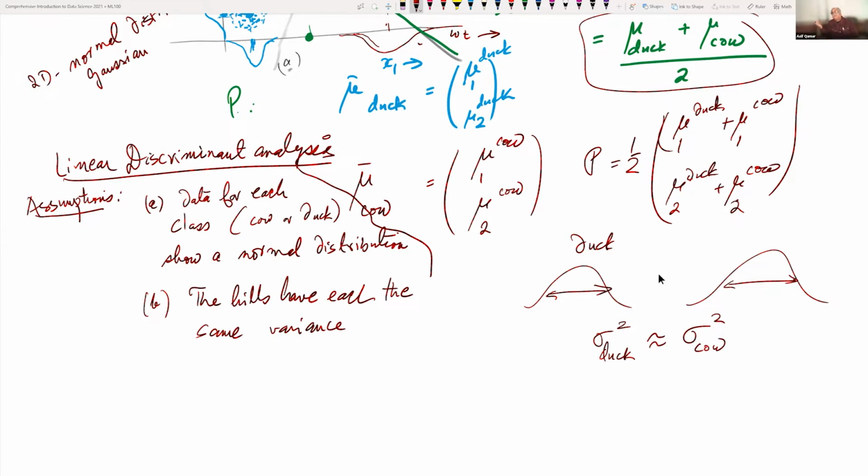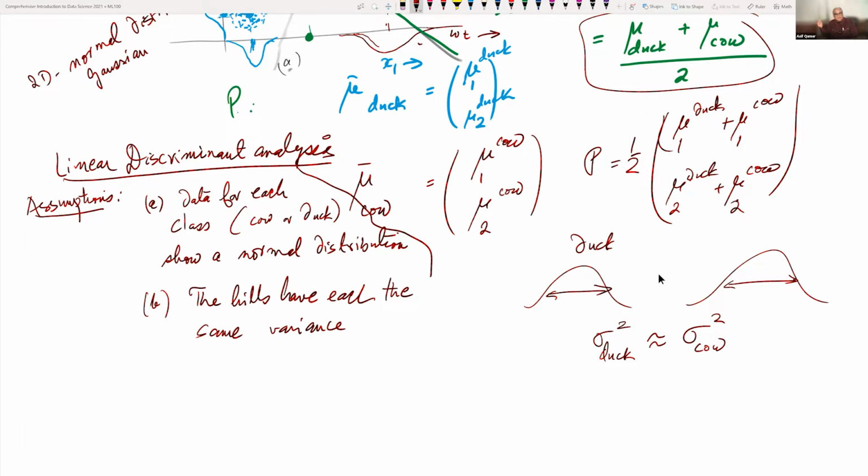So remember that assumption may not be true. In fact, it is not true in our case of cows and ducks. But linear discriminant analysis just simplifies the problem. It says assume that they are the same, and then just find the perpendicular bisector of their centers, given the common variance. And that is your decision boundary.